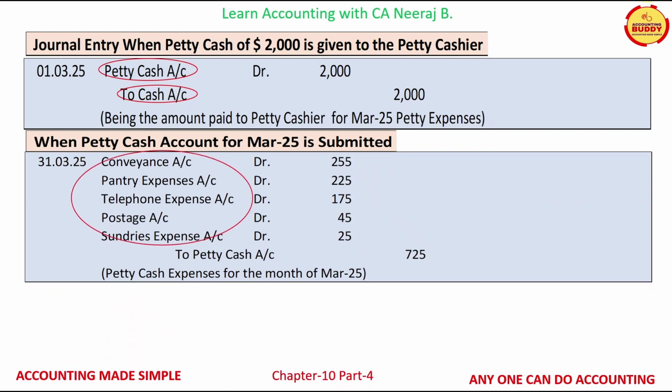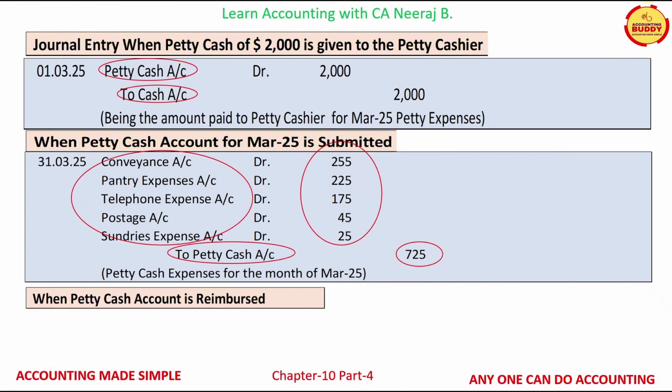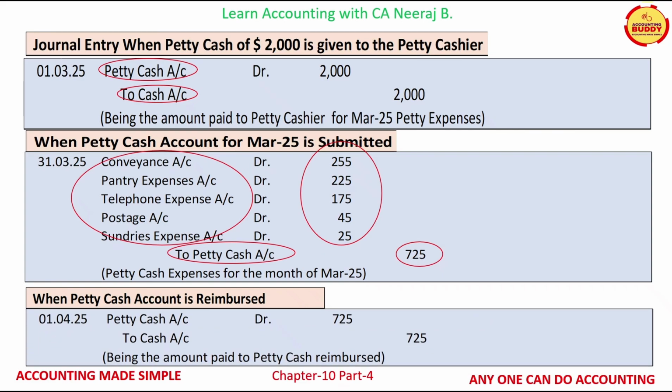All the expense heads will be debited with the total amounts paid under each head during the specific period, and the petty cash account will be credited with the sum total of petty cash expenses paid under all the expense heads. And when the petty cash is reimbursed, the below entry is passed: debit petty cash account and credit cash account.